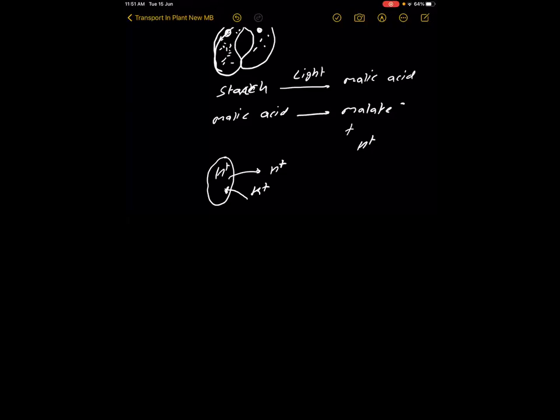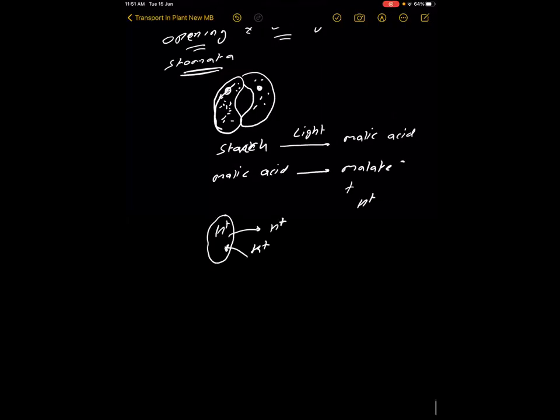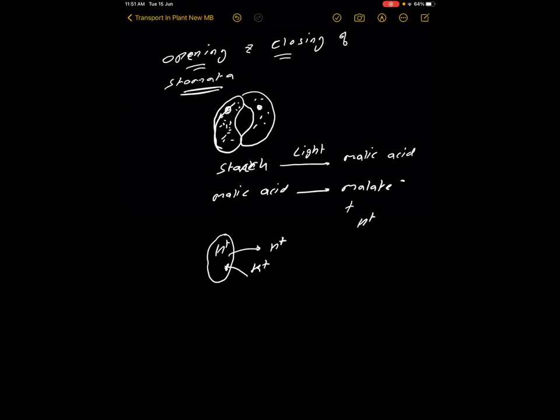I repeat, this is the mechanism of opening and closing of stomata. The guard cells have chloroplast, where starch is stored. In presence of light, starch is changed into malic acid. Malic acid splits into malate ions plus H ions. Because of the concentration gradient, the H ions move out from the guard cells.